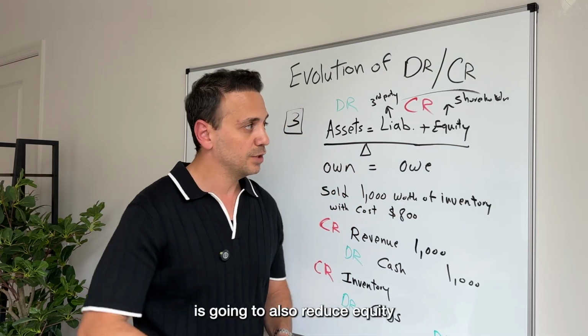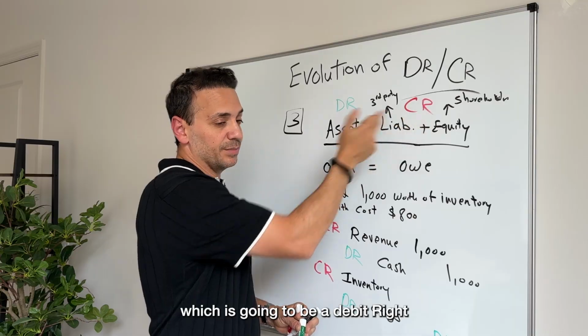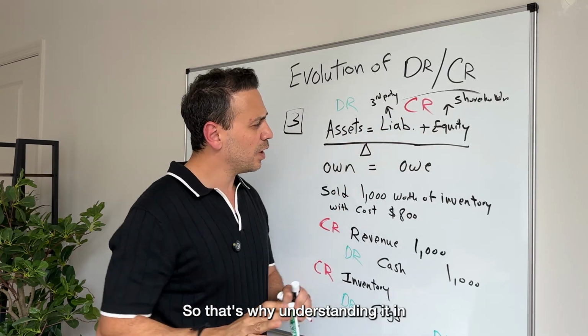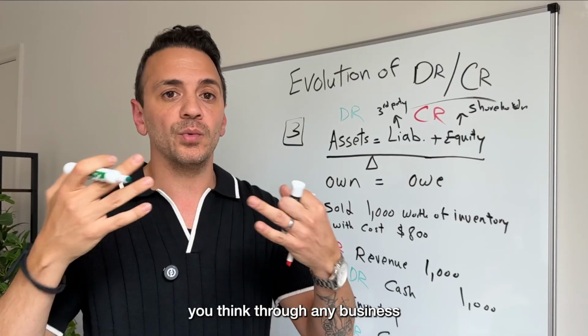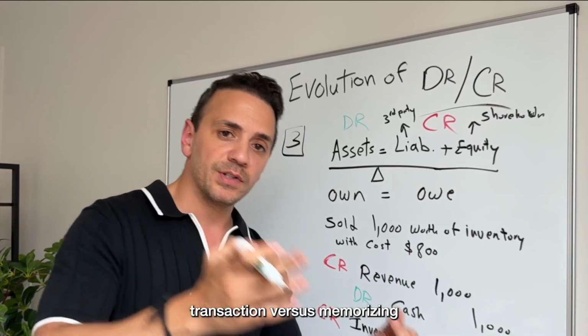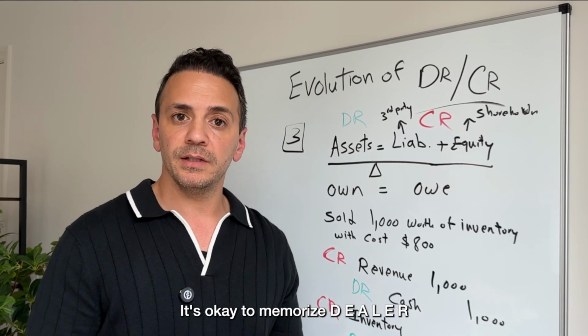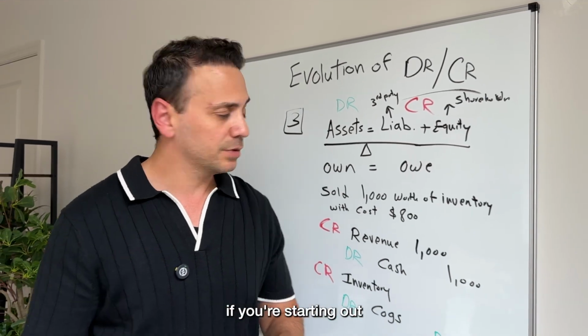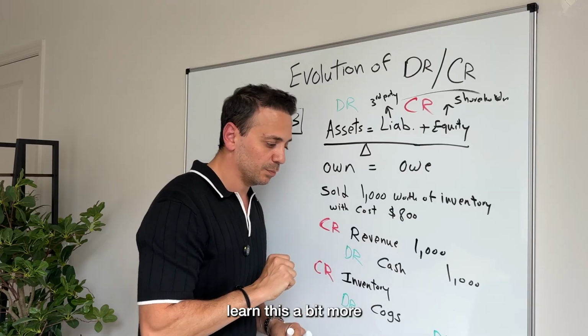A dividend is going to also reduce equity. So it's going to have the opposite nature of this, which is going to be a debit, right? So that's why understanding it in this way is going to help you think through any business transaction versus memorizing an acronym like DEALER. It's okay to memorize DEALER for the time being if you're starting out, but as you get more experience, you're going to want to learn this a bit more.